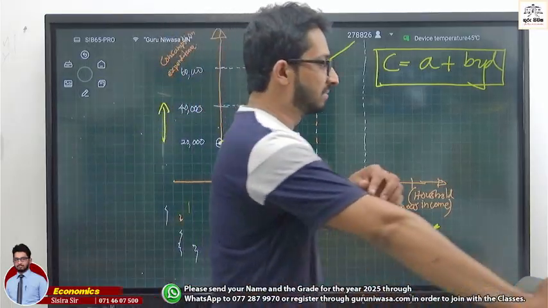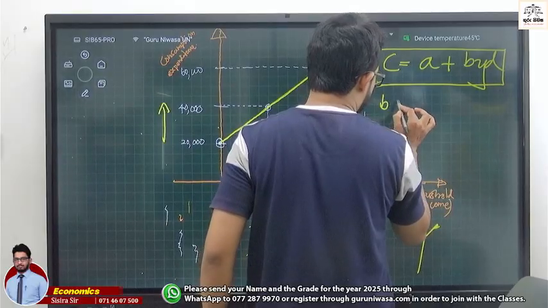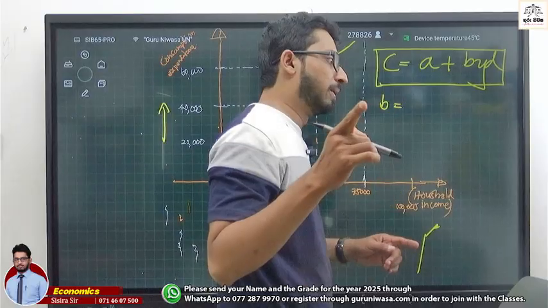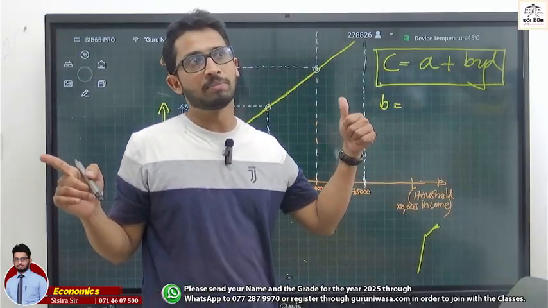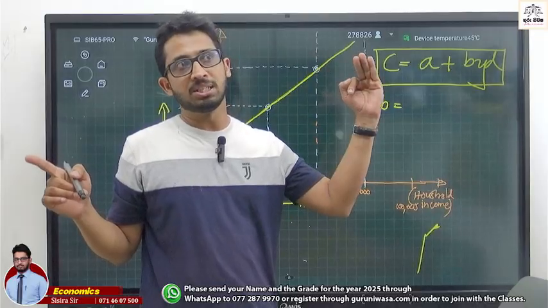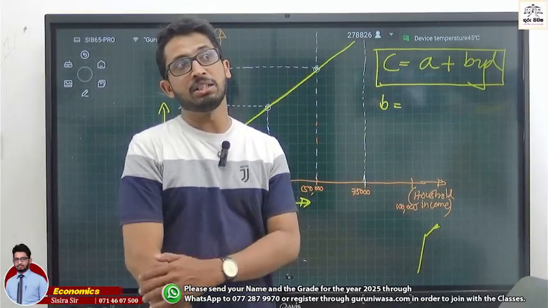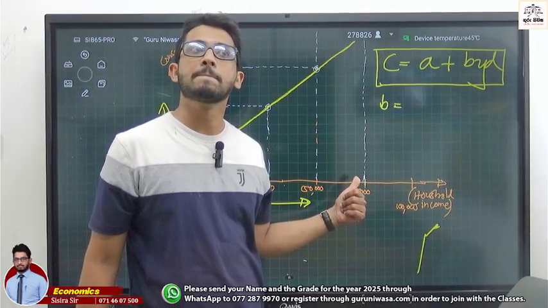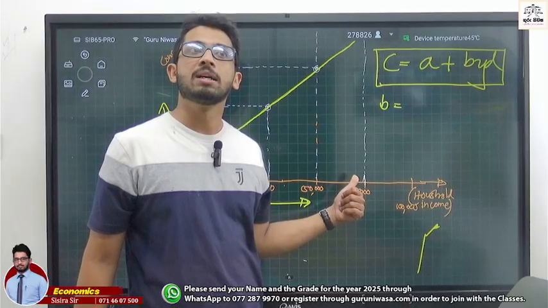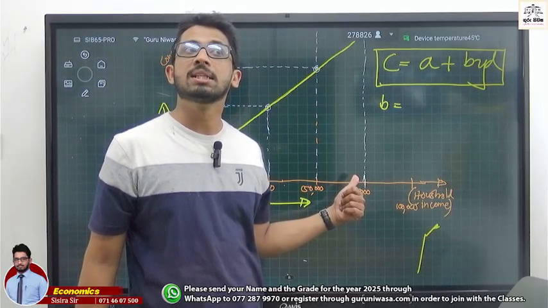Now let's find the slope b. b equals... do you remember how we built the slope? Slope equals change in dependent variable divided by change in independent variable. What is the dependent variable? C, consumption expenditure.